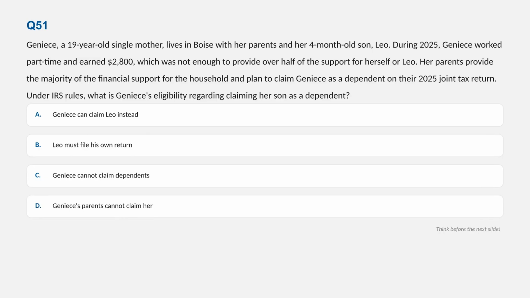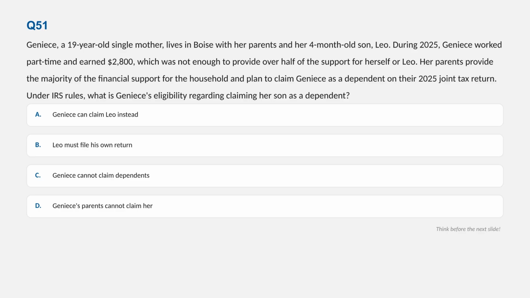Janice, a 19-year-old single mother, lives in Boise with her parents and her 4-month-old son, Leo. During 2025, Janice worked part-time and earned $2,800, which was not enough to provide over half of the support for herself or Leo.